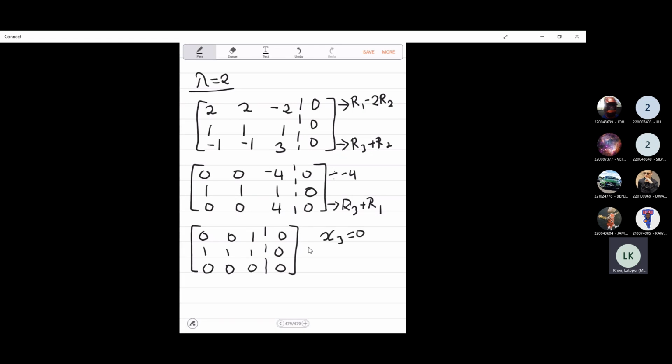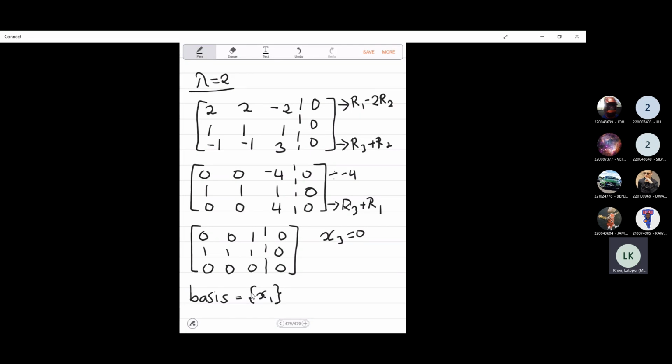So the only two unknowns or variables that can be part of the basis are x1 and x2. So we can say that our basis is x1, and it doesn't matter if you pick x2 as your basis, because this basis is not unique.